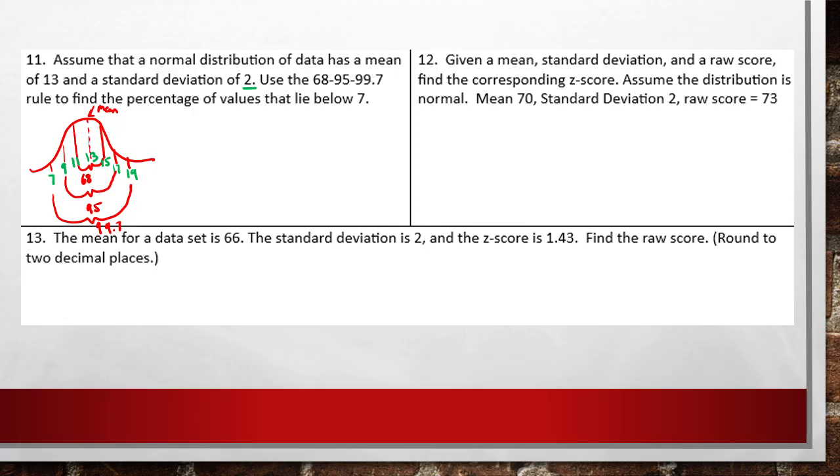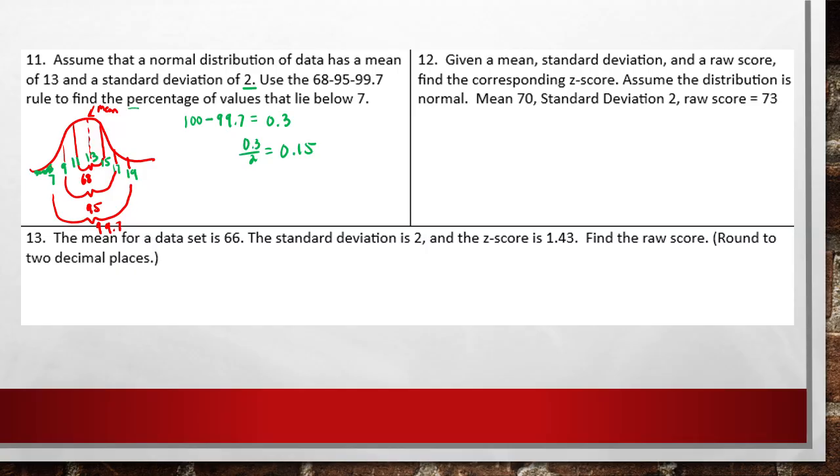So if I'm thinking about 100 minus your 99.7, that only leaves 0.3% to be in these two sections, but I only want this section. I don't want the one over here. So then I have to take that 0.3 and split it into 2 parts. So if I divide that by 2, I get 0.15.